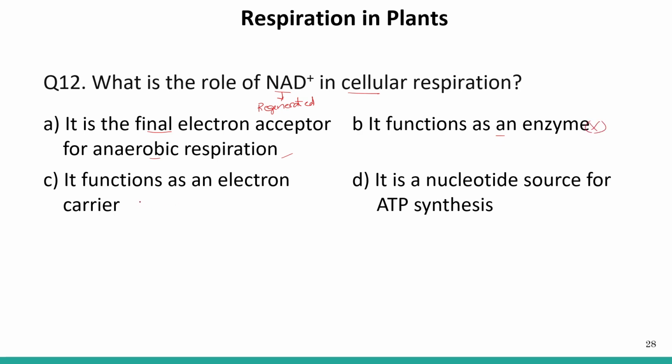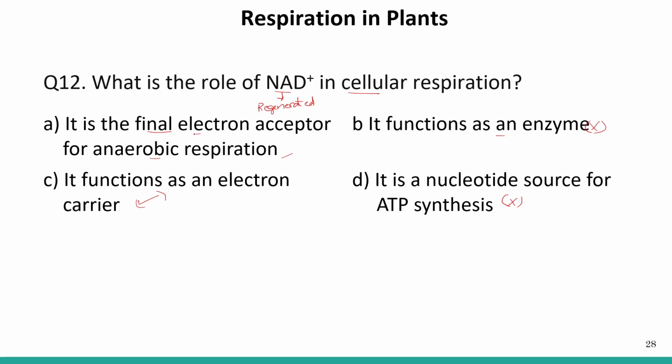It functions as an electron carrier. So this is true. Now, option 4th is it is a nucleotide source for ATP synthesis, which is again not correct. So, what is the role of NAD? It functions as an electron carrier.